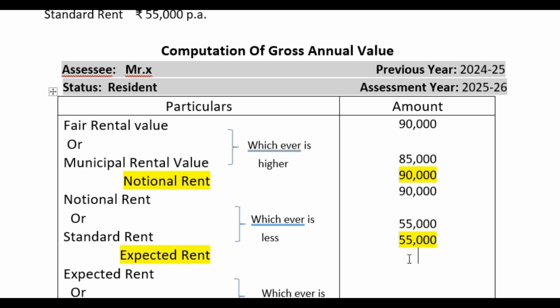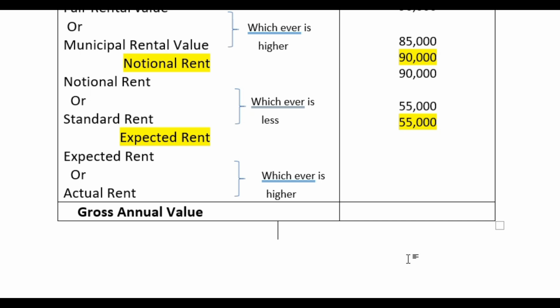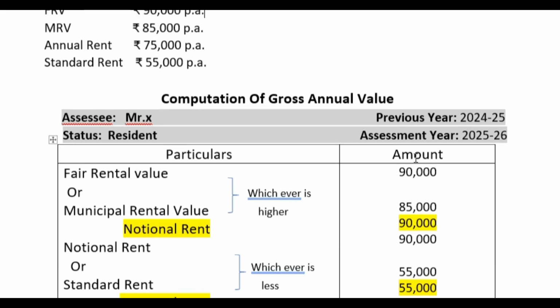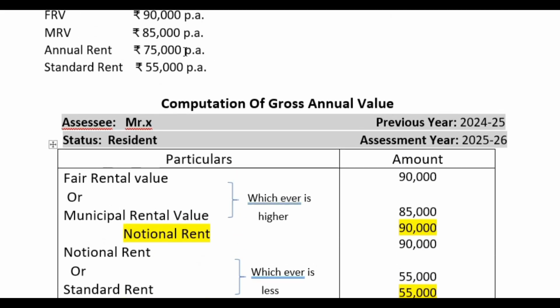Next, expected rent or actual rent. So they are asking expected rent or actual rent. How much is your expected rent? Expected rent is 55,000. Actual rent, let's see in the question. They have given you the annual rent. See here in this sum they have not given you any unrealized rent.